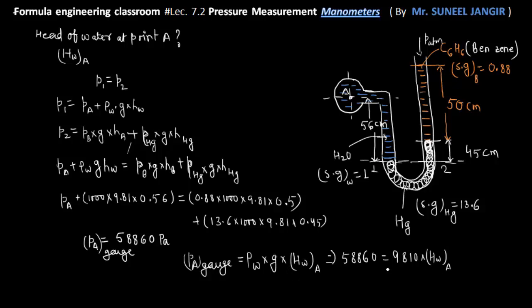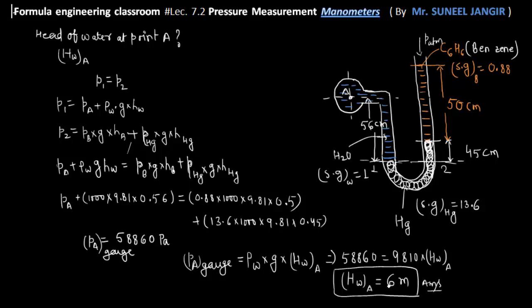By solving this, we can write the head of water at the point A is equal to 6 meter, and this is our required answer. So this is the head of water at the point A.